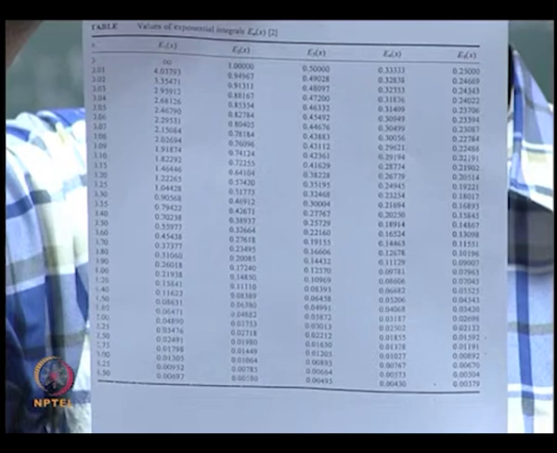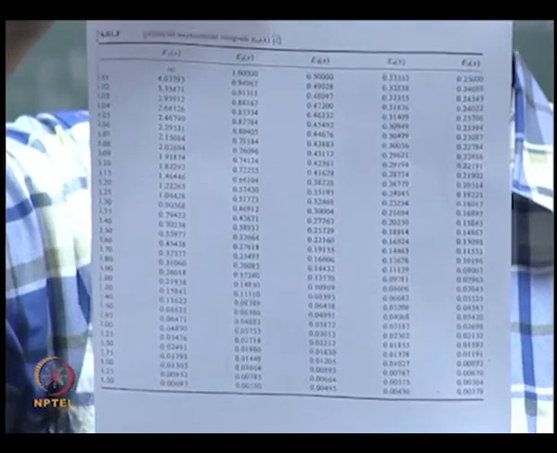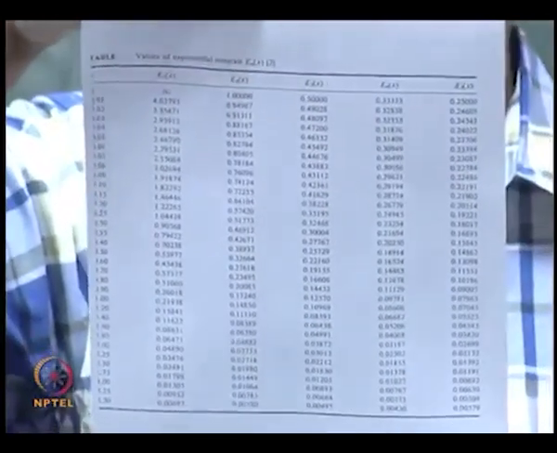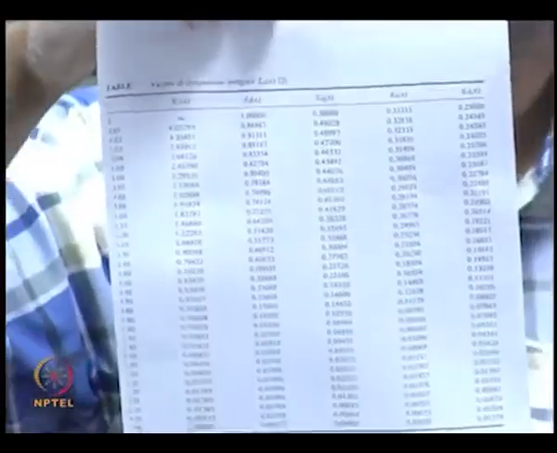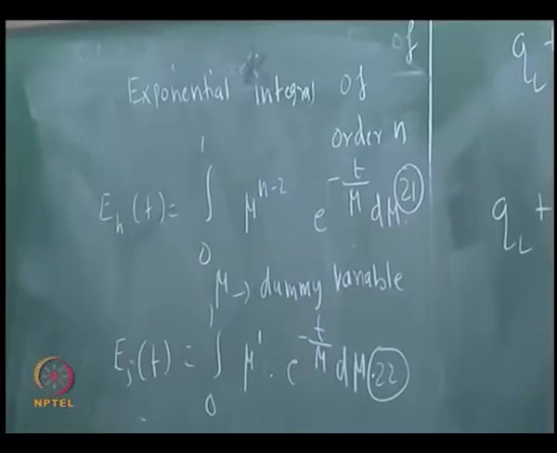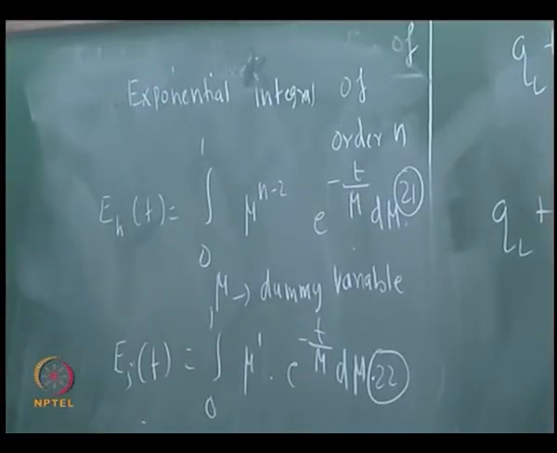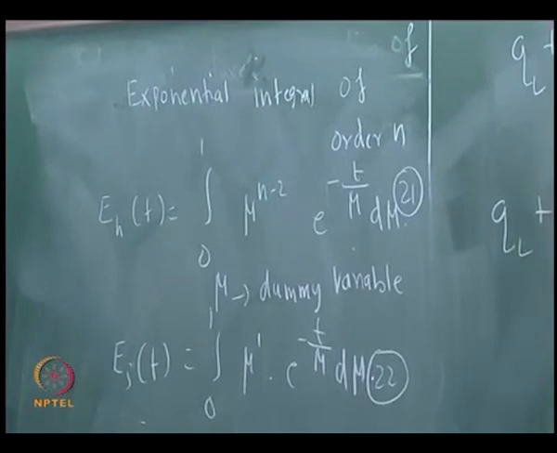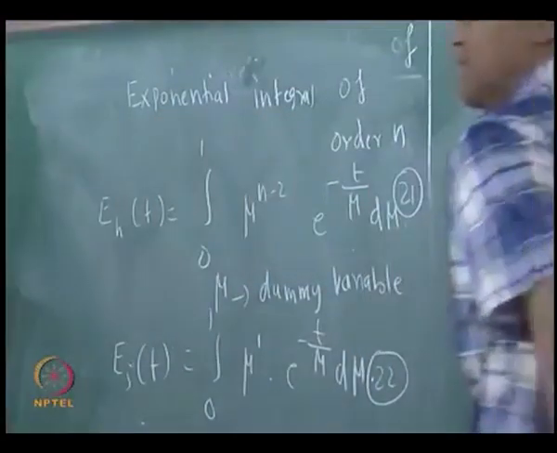As far as this course is concerned, we are worried about the first column and the fourth column. Okay, fine. What are the salient properties of this E3 as observed from the table?